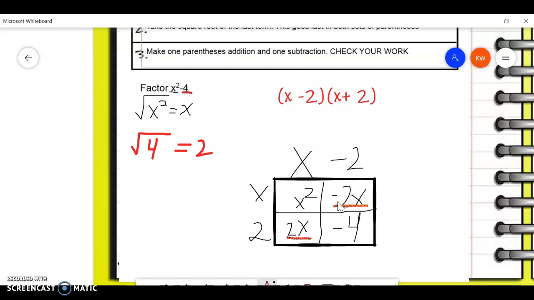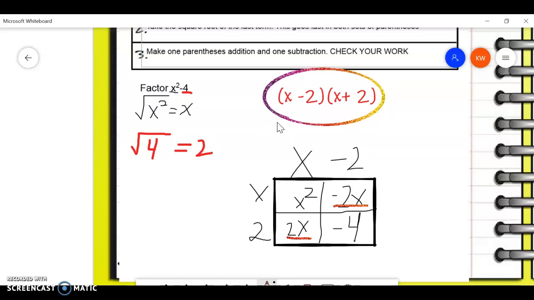That's because the middle term that we would normally get through this distribution ends up canceling each other out. So this right here, x squared and negative 4, that is our final answer that we see here. So we checked this out. This works out. We factored it. We followed the steps. Pretty simple, pretty easy if I say so myself.